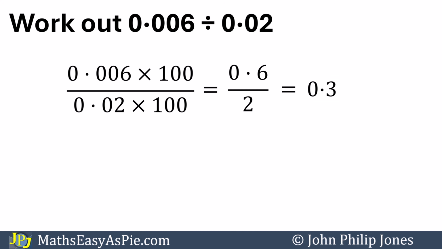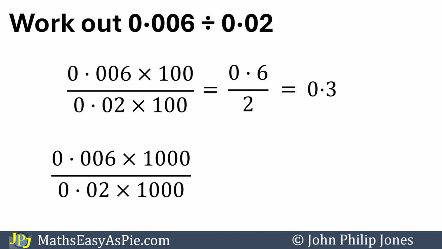So we have the answer, but I'm going to show you another way to get at the same answer. So we write out the problem, and on this occasion, I'm going to multiply the top and bottom by 1000. And this will have an effect in both the top and the bottom of moving the decimal point. And the decimal point will be moved as expressed by what's coming into view now.